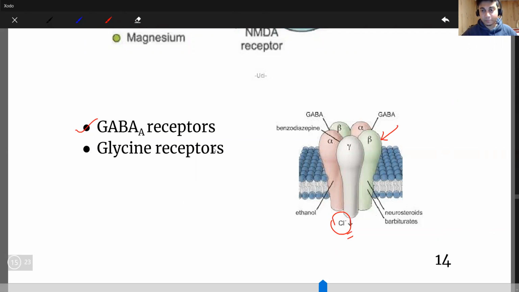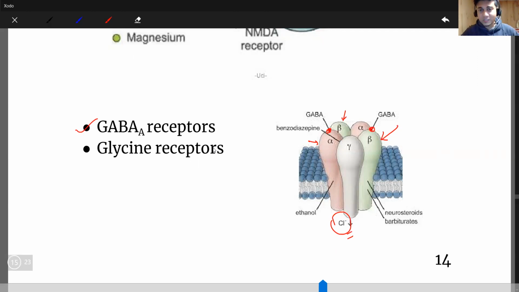This is a GABA binding ion channel, and it has several components like alpha, beta, gamma. GABA binds somewhere here and here, and when it binds, it opens up the ion channel. So these 5 molecules are kind of clustered together. When GABA binds, it opens up, and ions can pass through this channel.